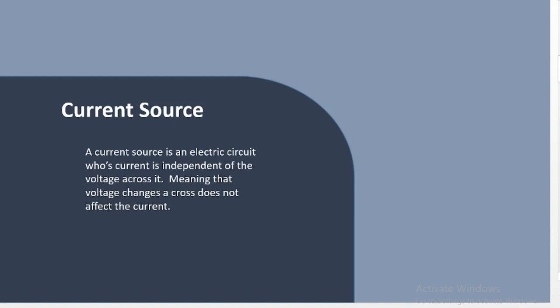Let me stop there. This simply means that whenever you see any circuit where the current across it is not affected by the voltage across that path, it simply means you have a current source.